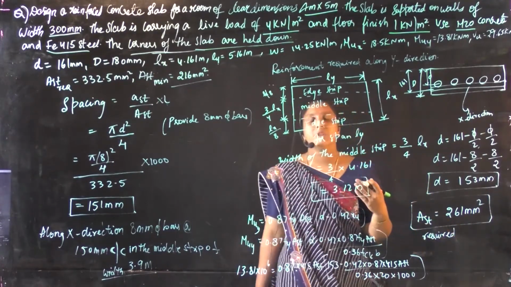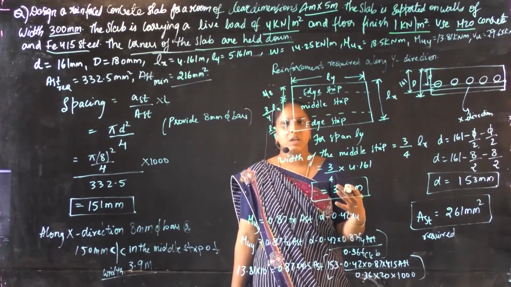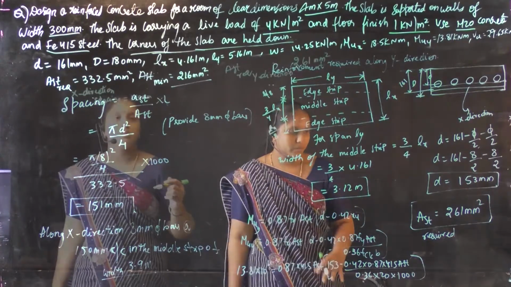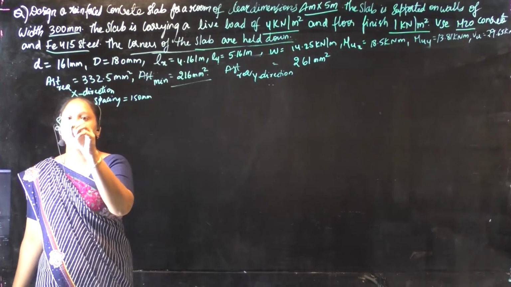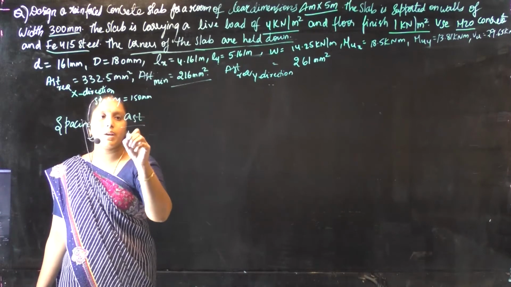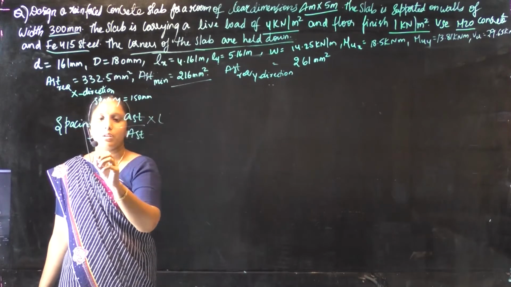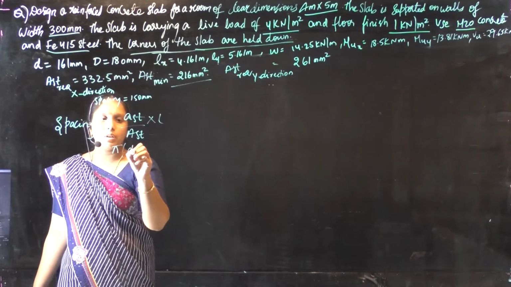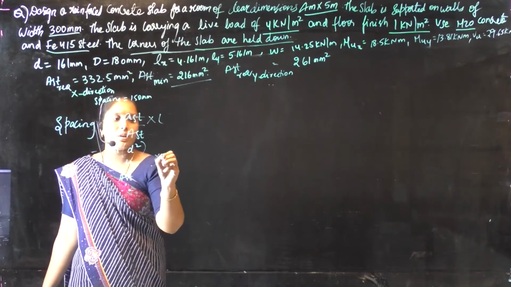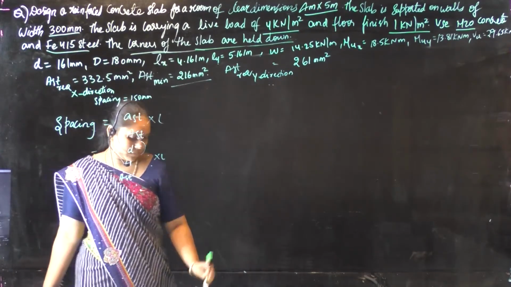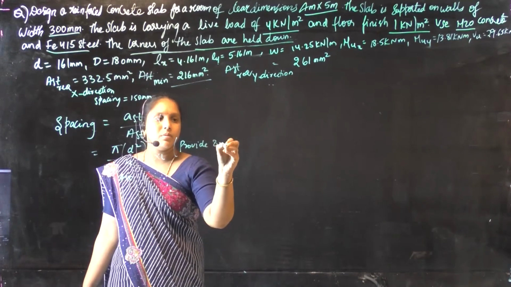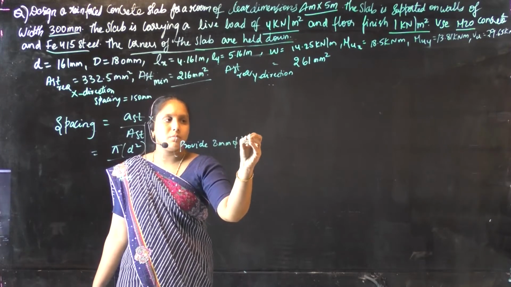The next step is we have to calculate the spacing required along the y direction. Let us calculate the spacing: small ast by capital AST into L. So small ast is pi into d square divided by 4, divided by capital AST, into L. Here also I will provide 8 mm dia bars.